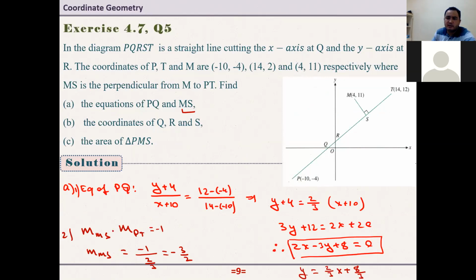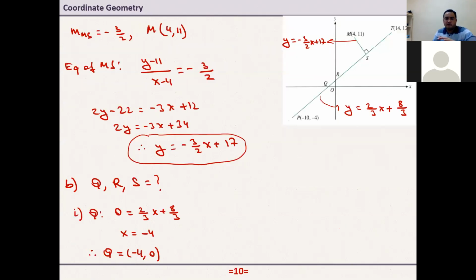R, is R on the y-axis? Yes, it says y-axis. Okay, then it's good. So that means that the coordinates of R are something like (0, y sub 0). Because it's on the y-axis, its x-coordinate is equal to 0.